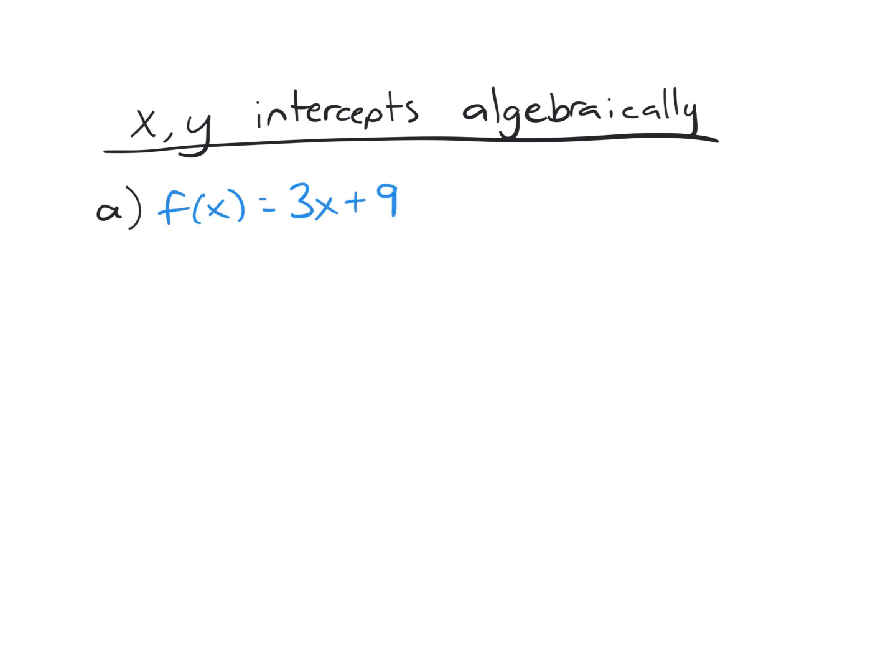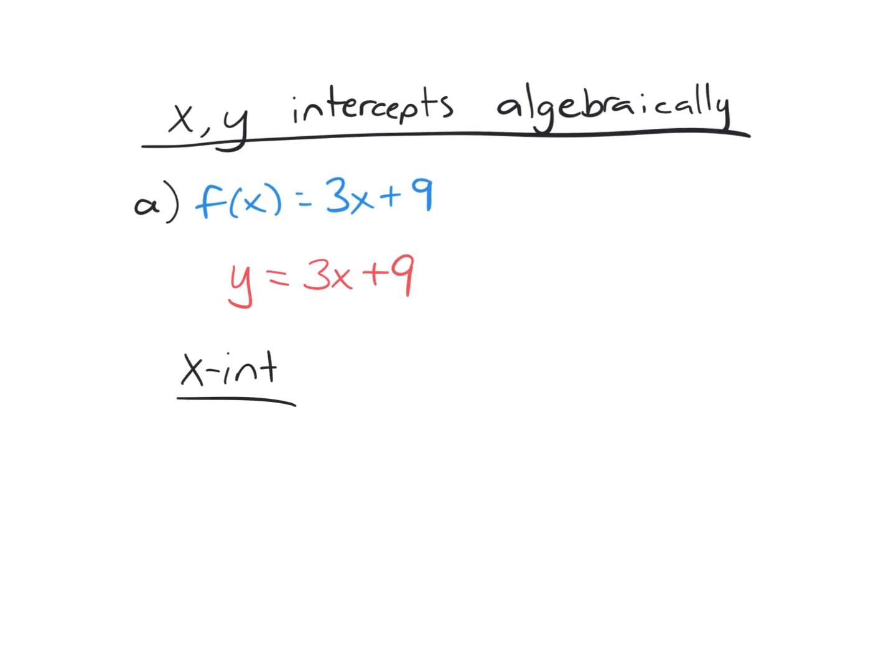What should we do first? What can I turn that f of x to? A y. Yep. So this would be y equals 3x plus 9. So now we want to find the x and y-intercepts of this function. So x-intercepts. What do I know about an x-intercept? It's y.